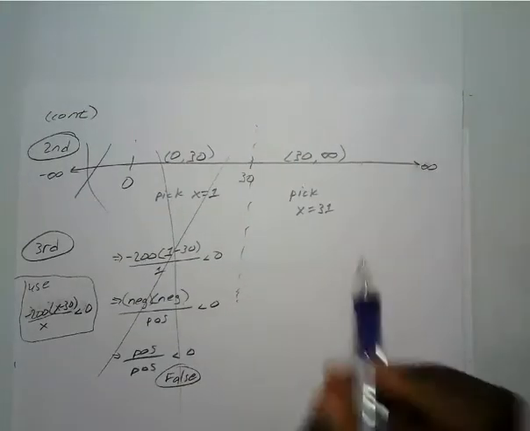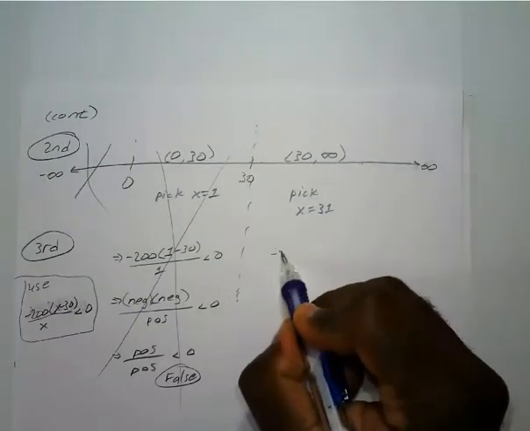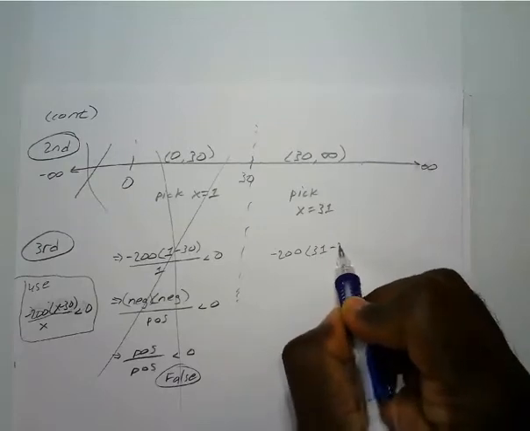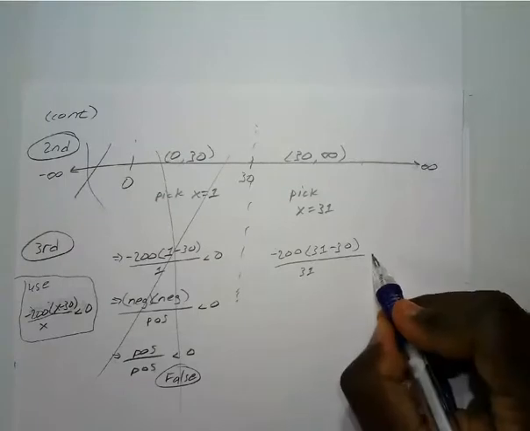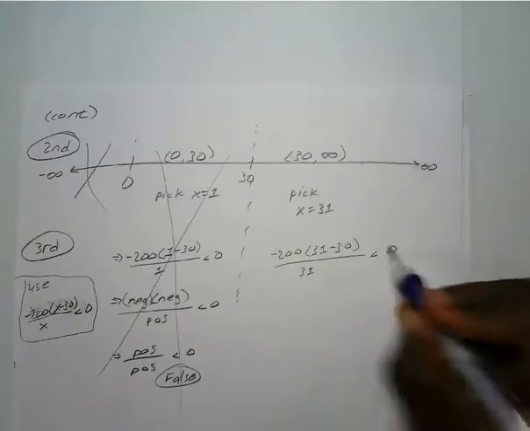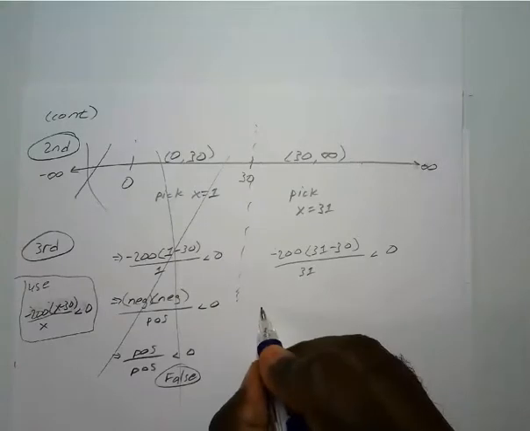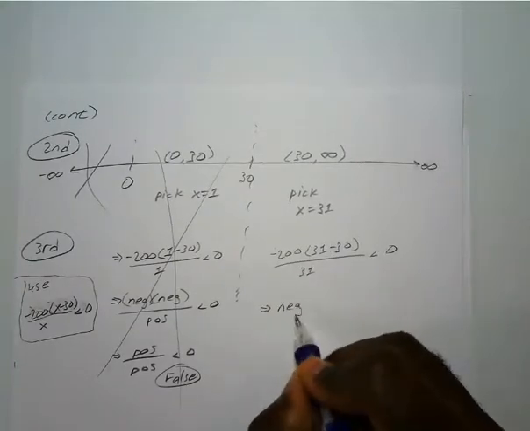Okay? Now pick from 30 to infinity. You have negative 200 times 31 minus 30 all over 31 is less than 0. Okay, so you have a negative 200, which is a negative number.